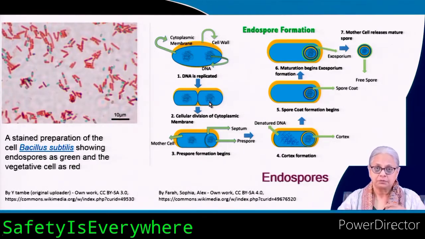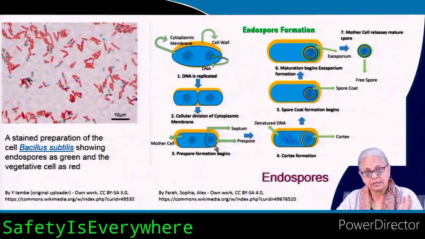So you have replication of the DNA, cellular division of the cytoplasmic membrane, but the difference is that the daughter cells, which should be equal and capable of living freely, won't happen. So here you have the mother cell and you have the spore. The pre-spore is formed. So a septum is formed that separates the spore from the mother cell.